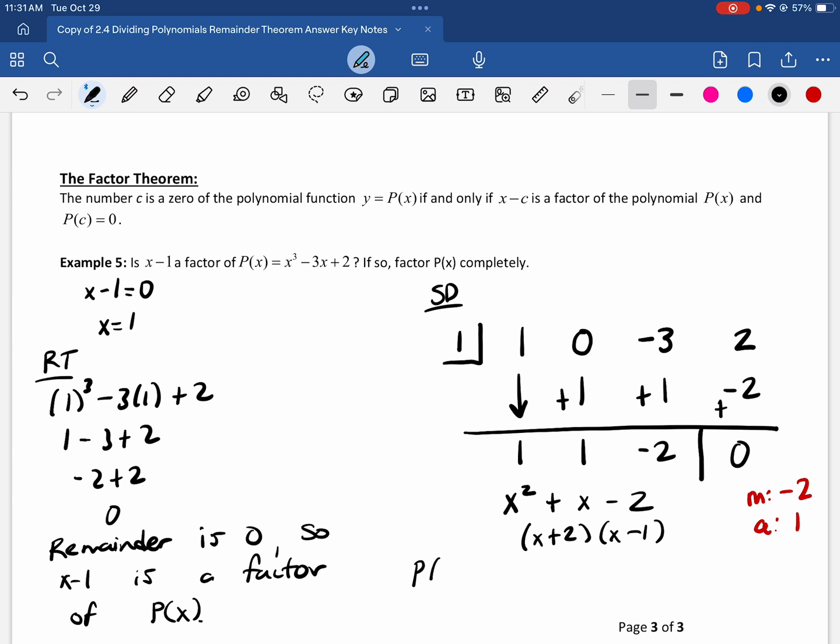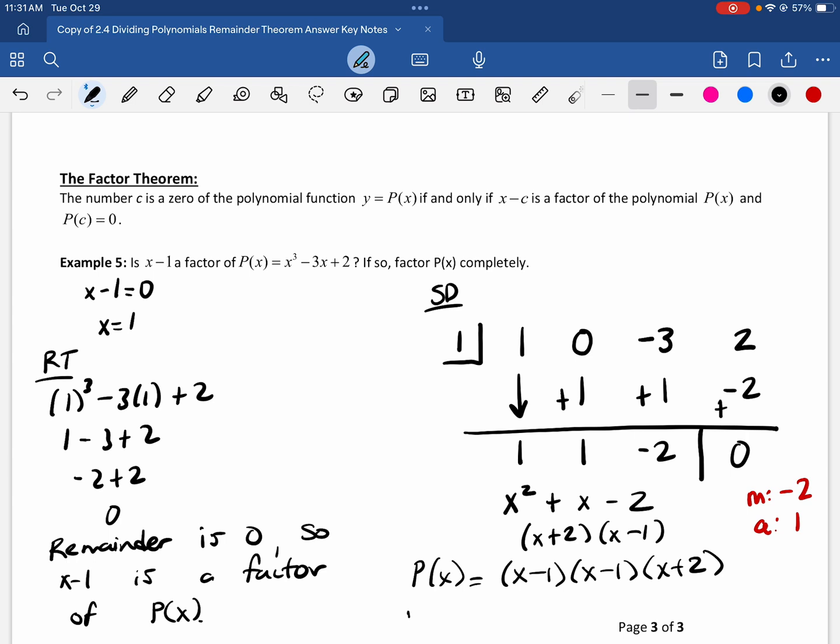So to write the entire polynomial function factored out, we had that first factor that they gave us, which was x minus 1. And then we just factored it out again, the remaining portion, and we got x minus 1 and x plus 2. Right? Which you can leave it just like that. But technically, do you see where you have those x minus 1s?